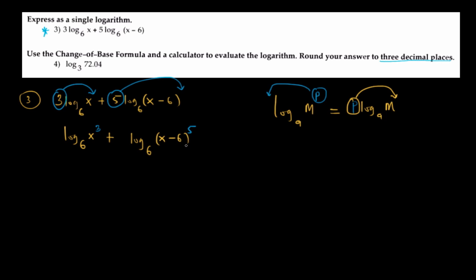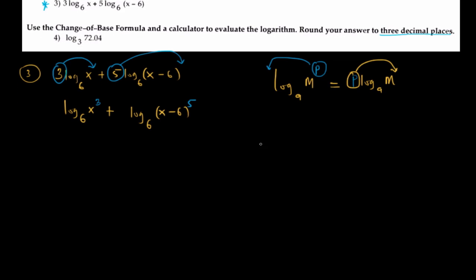Now this is the first step I carried out. The next step is to apply another law of logarithm: if you have log to the base a of m plus log to the base a of n, anytime you have an addition sign, it is translated to a product sign.